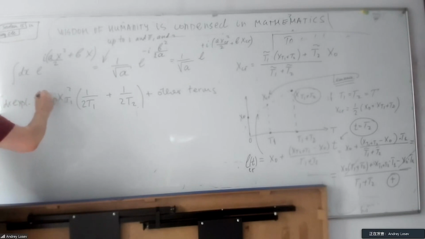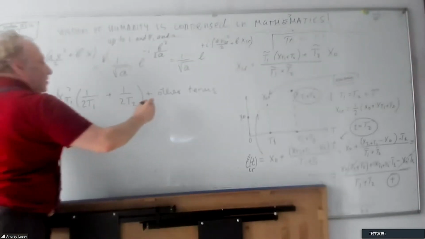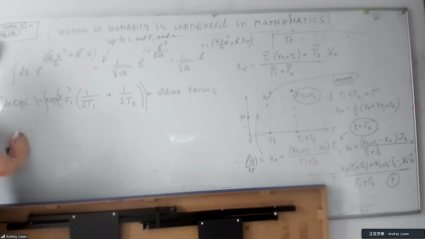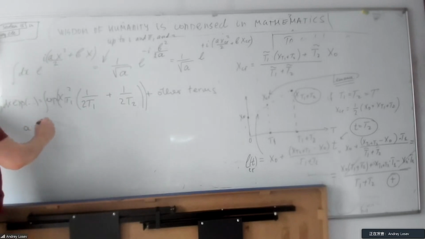We had the exponent of this. So it means that A was 1 over t1 plus 1 over t2.